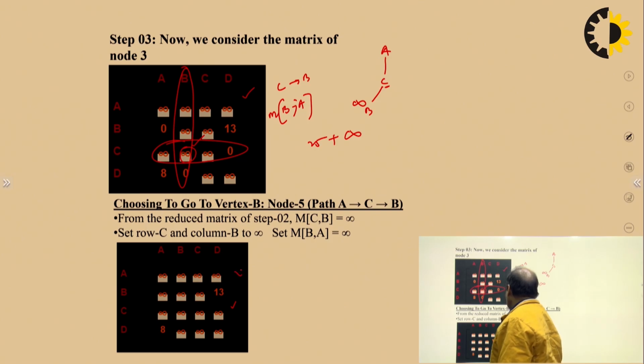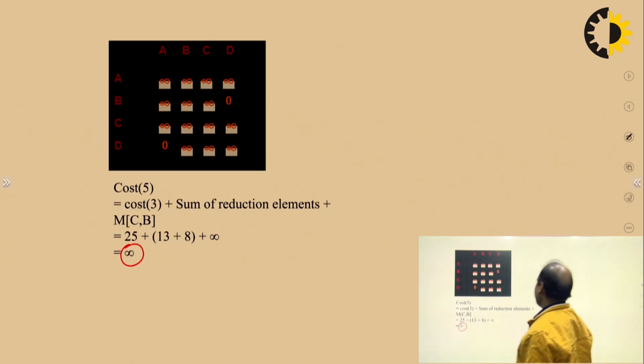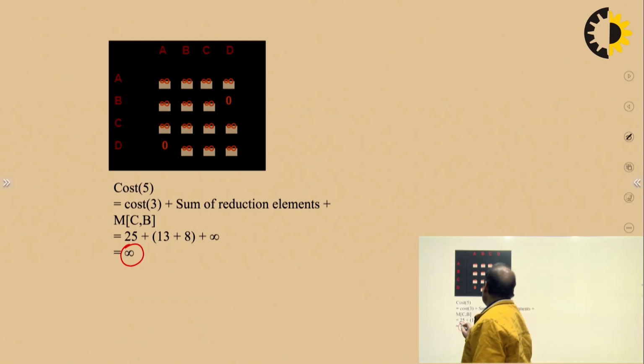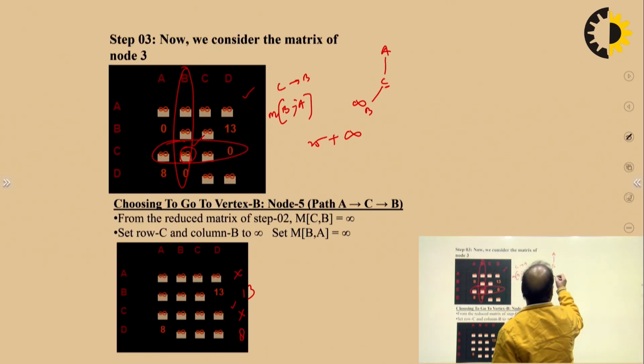So no row reduction, 13, and then no row reduction, and then 8, right? This is how we have computed the value, and now you see this is infinity. So that means this is not the feasible one.